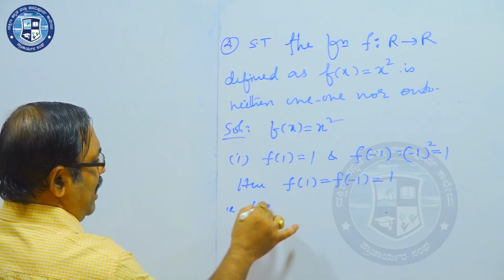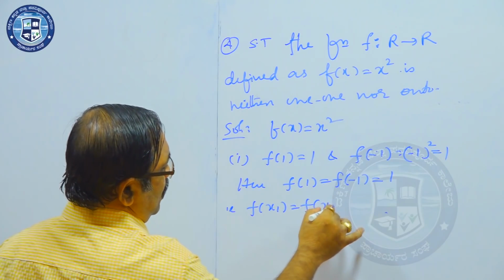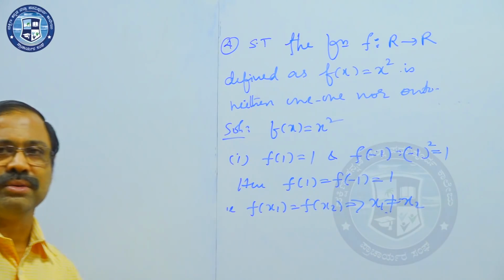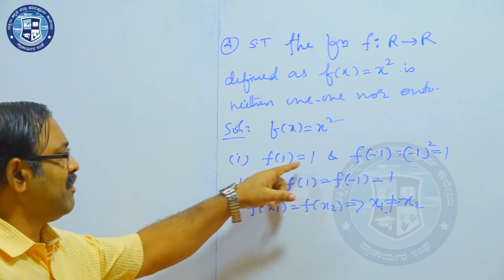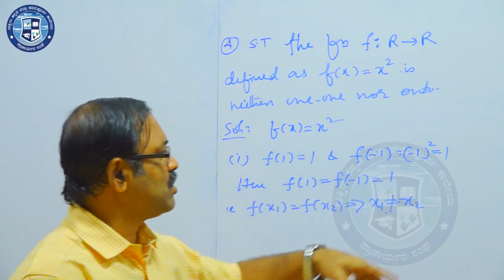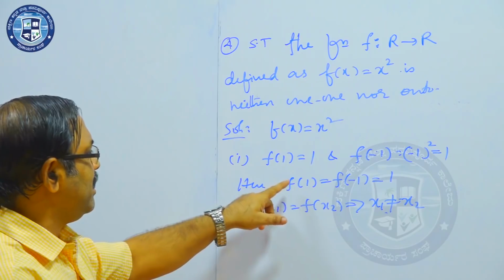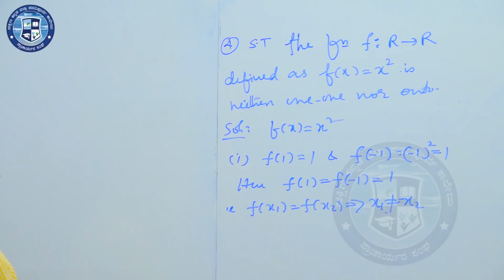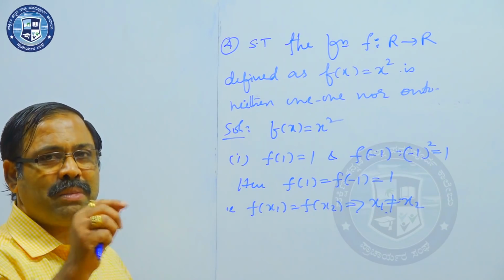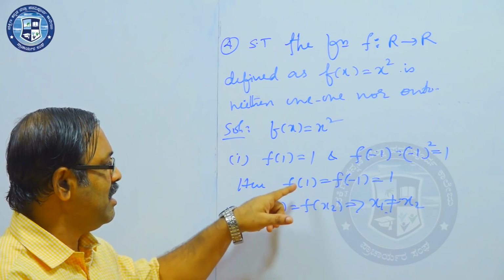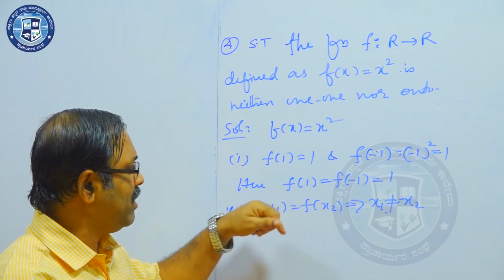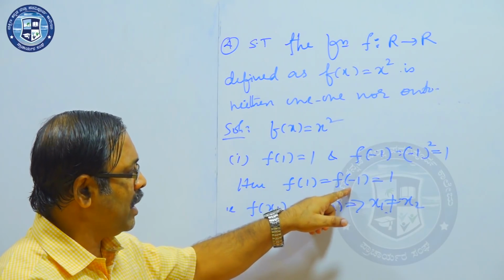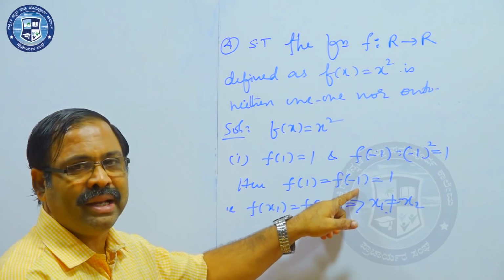That is, f of x1 equal to f of x2 implies x1 not equal to x2. Why? f of 1 is 1, f of minus 1 is also 1, but what do you find? f of 1 equal to f of minus 1, both of them are equal to 1. According to definition, what is the inference? f of 1 equal to f of minus 1 should imply 1 equal to minus 1, right?